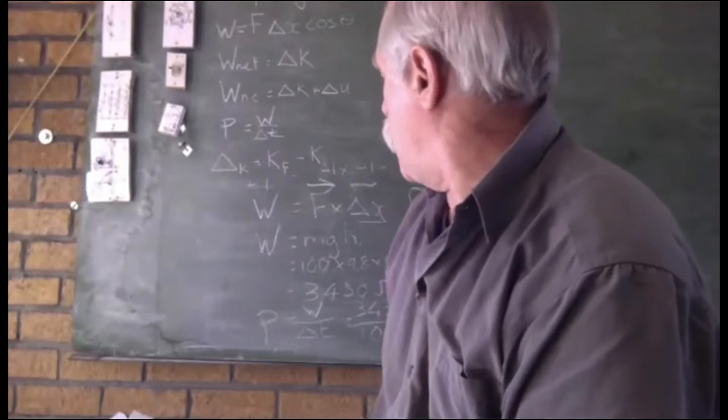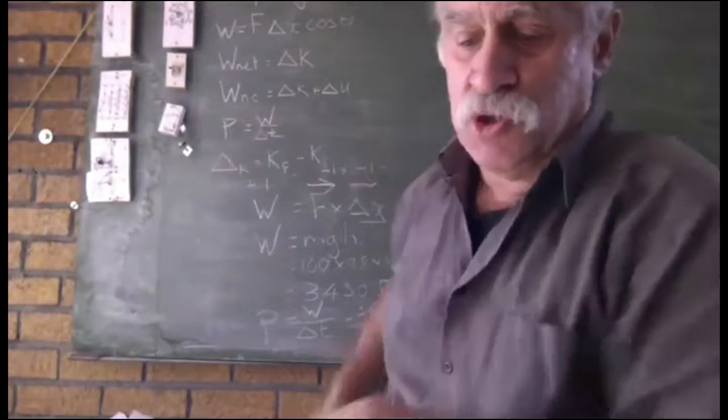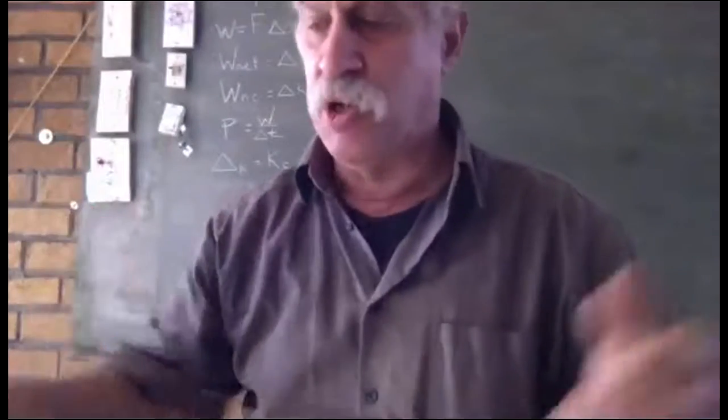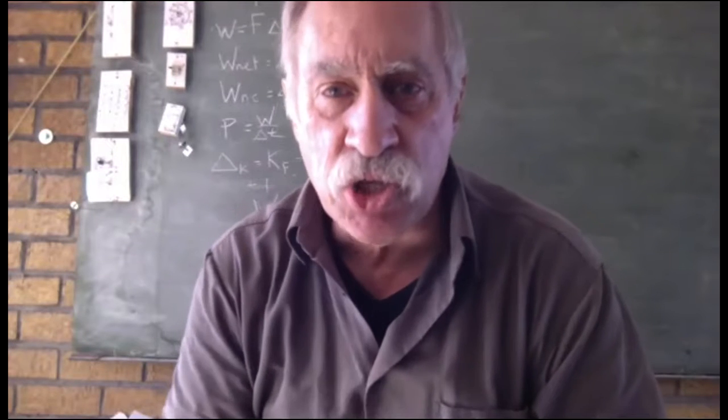Okay, so now you know what work is and power. We have to look at some other formulae. Hands up, who's heard of potential energy? Matsadiso and quite a few others.